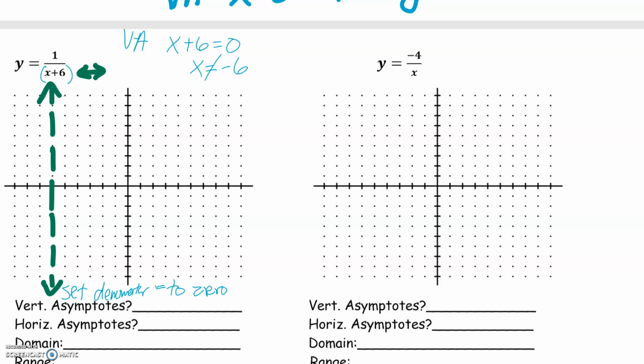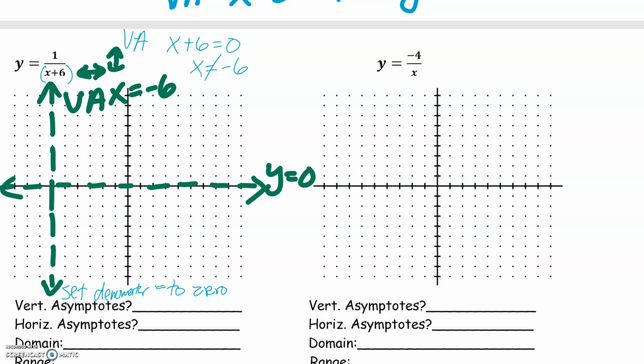Now our horizontal asymptote is going to be affected by our constant, which shifts up and down. In this case, it didn't shift up or down, so our horizontal asymptote is really 0. So it's going to end up just being y equals 0, and our vertical asymptote is x equals negative 6.